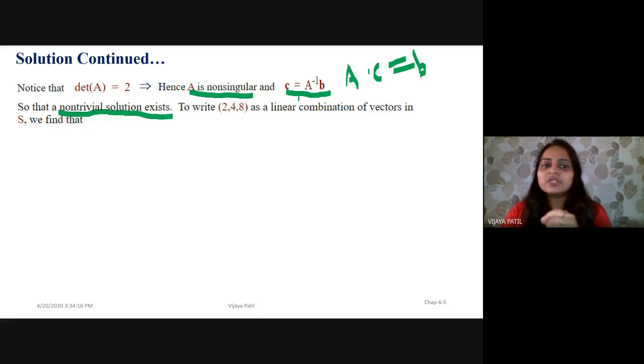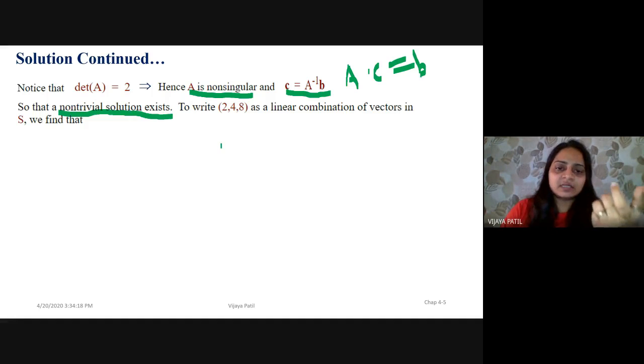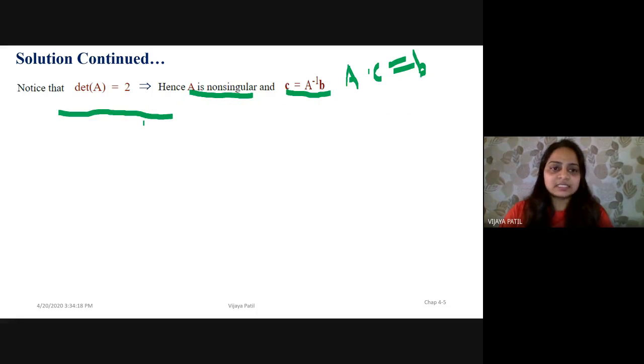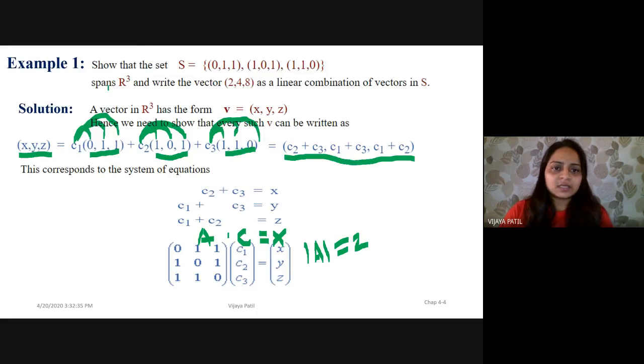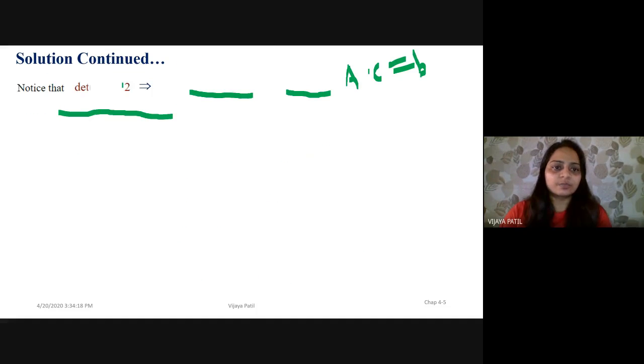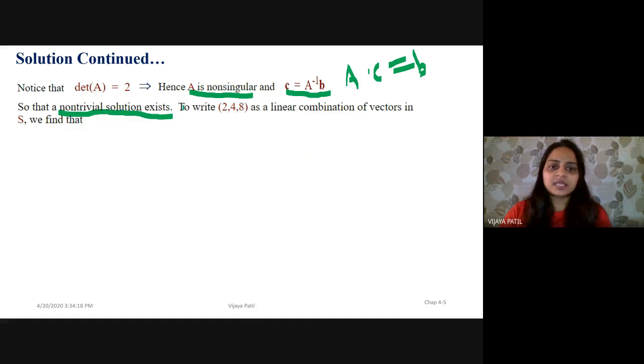If a non-trivial solution exists, it means the set S of vectors spans R cube, and therefore we have got our first result done, that is, S spans R cube. And the second is yet to be found, that is, to write 2, 4, 8 as a linear combination of vectors in S.